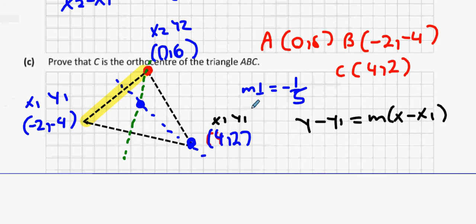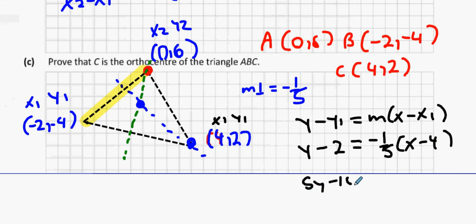So it's y minus 2 equals -1/5 into x minus 4. Multiply up: 5y minus 10 equals -x plus 4, and then x plus 5y equals 14. We cool with that?